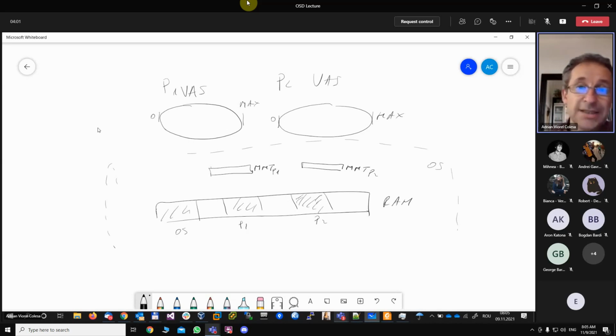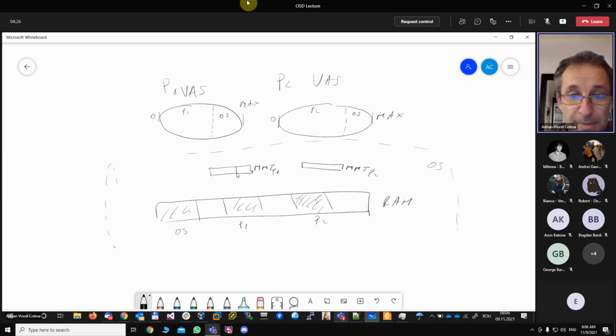But I told you that many operating systems, Linux, Windows, including your HAL, map the operating system at one end, usually at the end of the process virtual address space. So here is where the OS is mapped in the virtual address space. Here is the part reserved for the process itself.